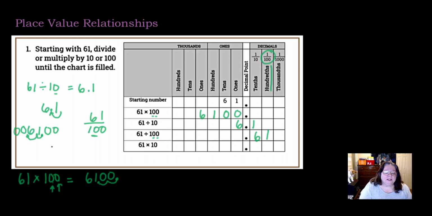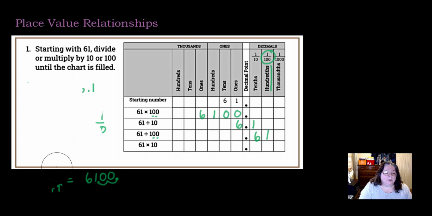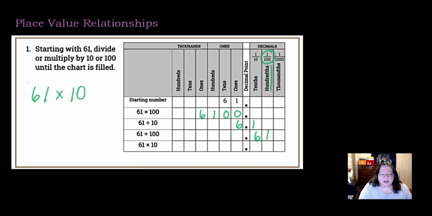So now we have 61 times 10. So again, let's erase some of this and give us a little bit more room. Erase that too. 61 times 10. We could add 61 10 times, but if we know that 6 times 10 is 60, what is 60 times 10 going to be?